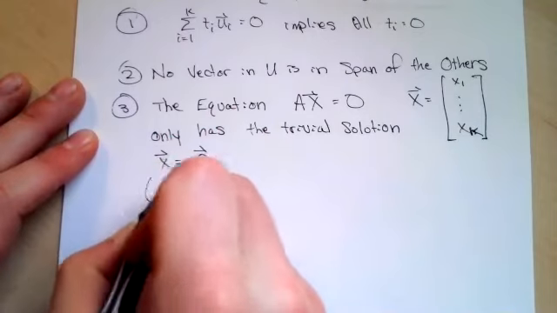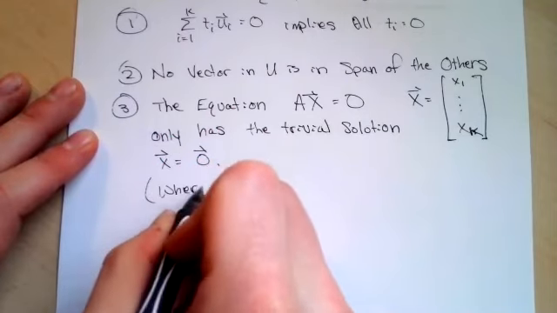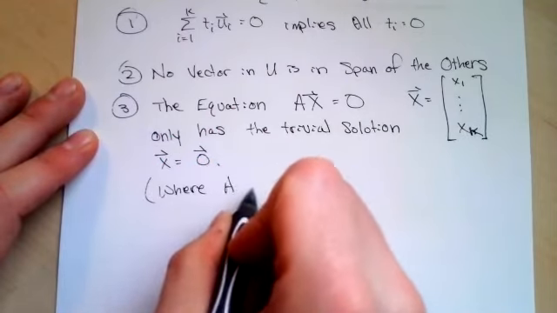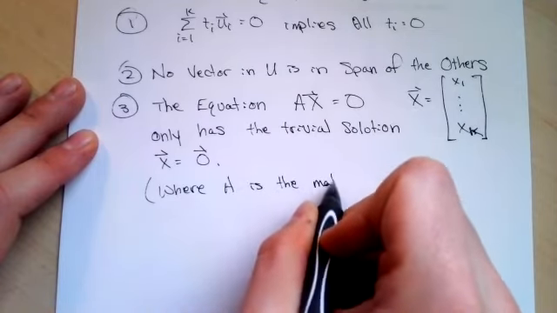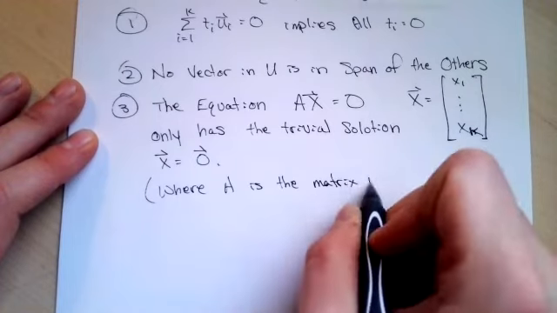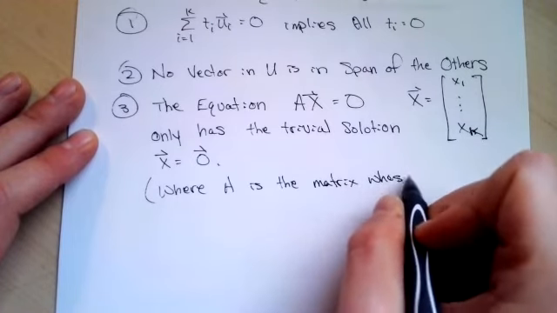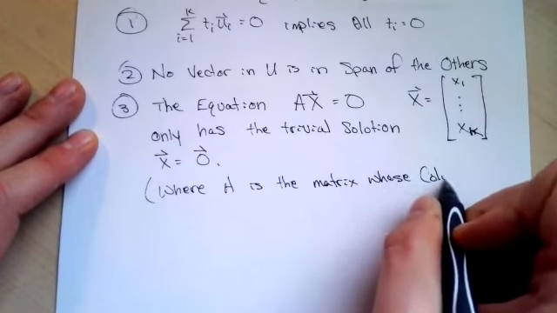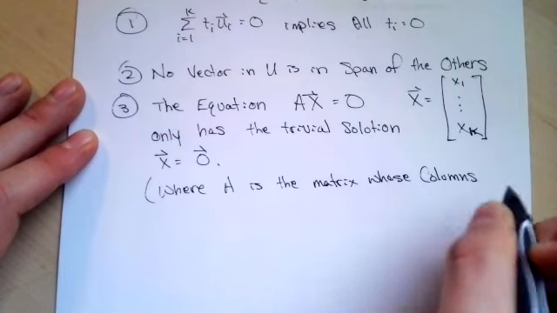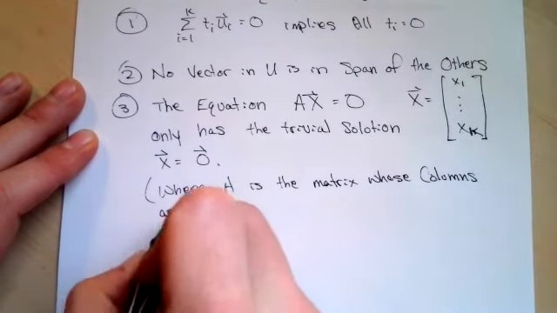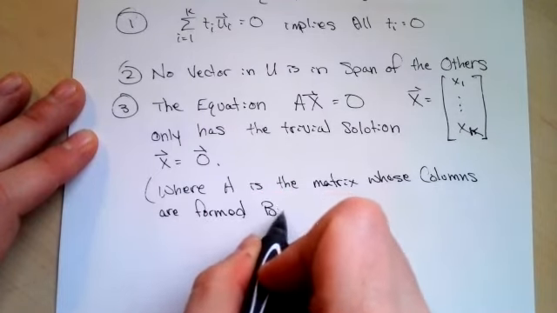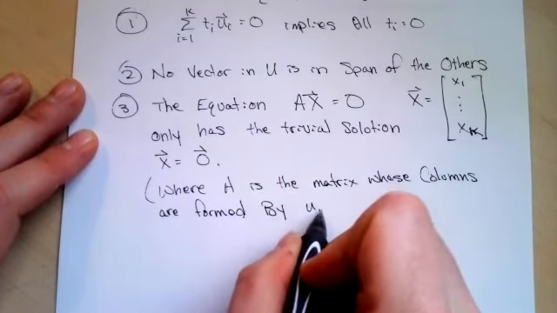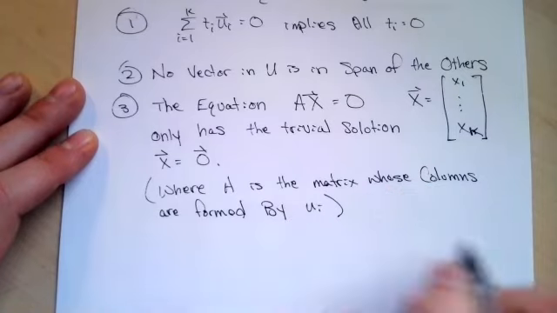And we should specify what this matrix A is, where A is the matrix whose columns are formed by our set of vectors.